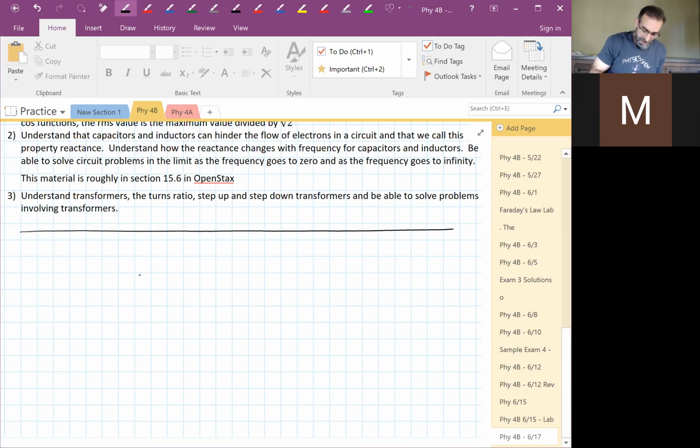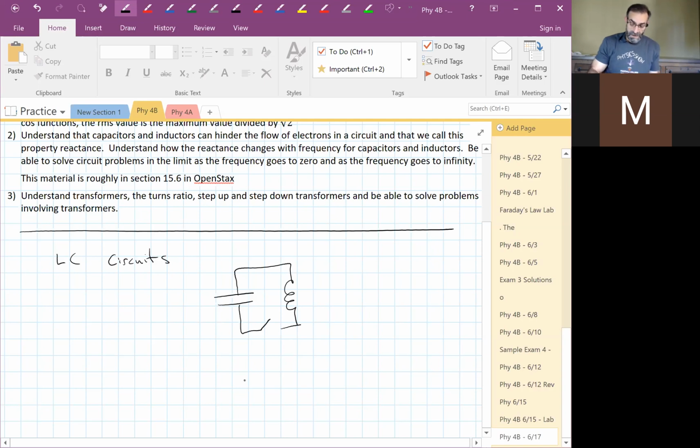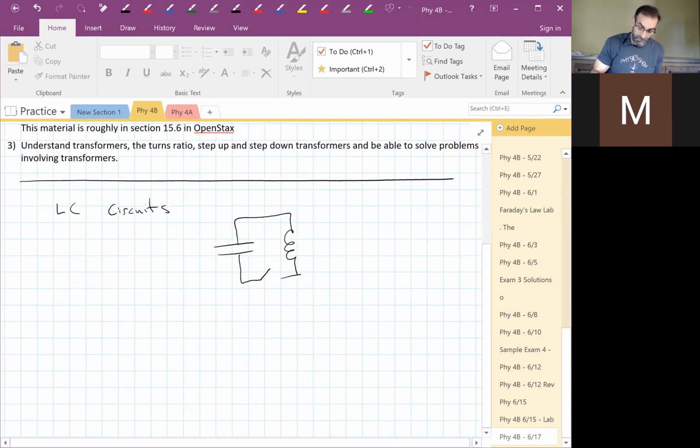LC circuits, inductor and a capacitor, right? We talked about the fact that if we start out with this circuit with the capacitor charged up, all the energy's in the capacitor. We close that switch.